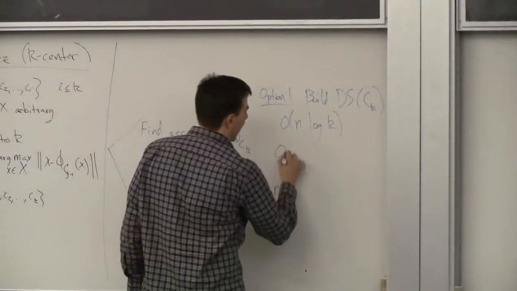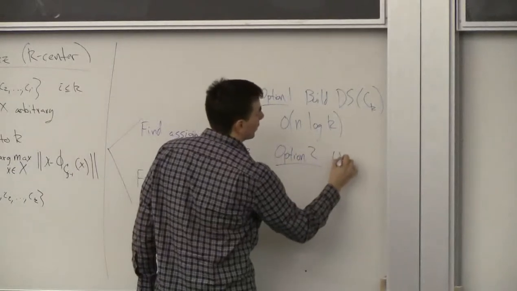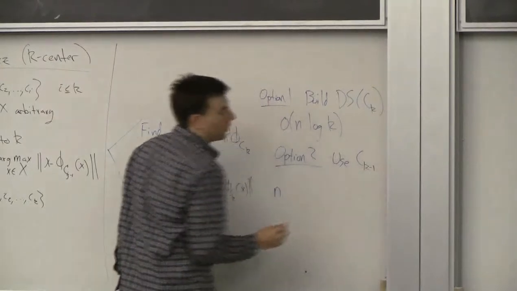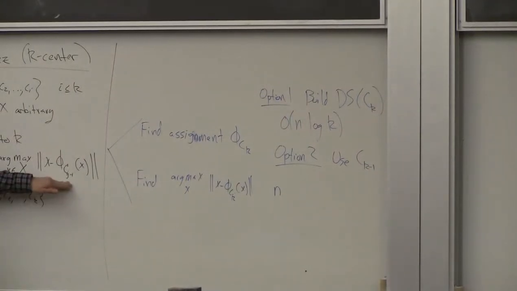Option 2 is I'm going to use the assignment function c of k minus 1. When I got to this step at the previous for loop, I had the previous assignment function.